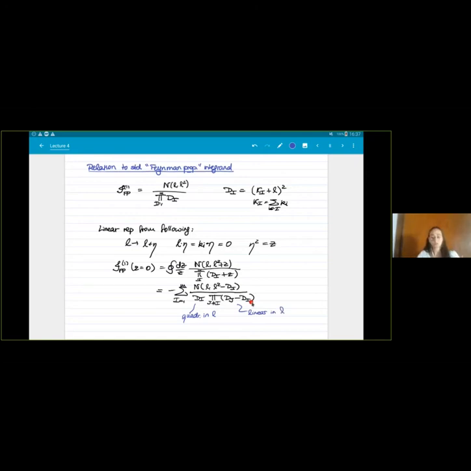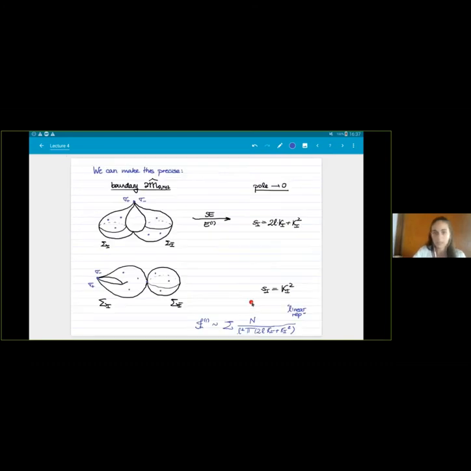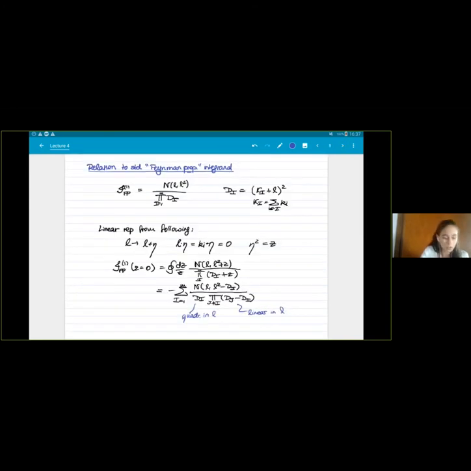Now, clearly, we're not quite home yet. We want to make contact with the representations that we found on the last slide. Remember, we always have this factor of 1 over L squared, but you should be able to see now that what we want to do is just shift each term in the loop momentum L respectively, such that we find an expression where we can pull out the 1 over L squared.